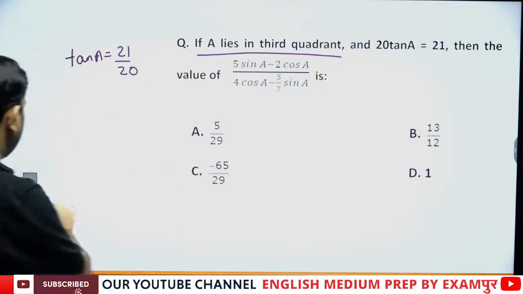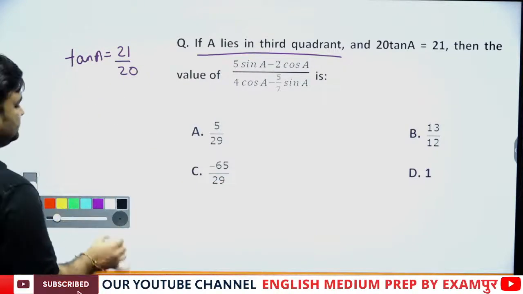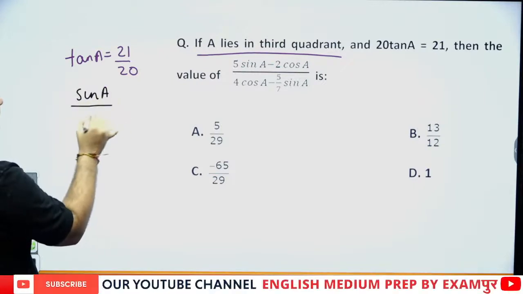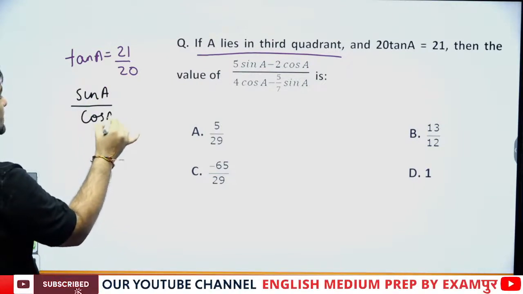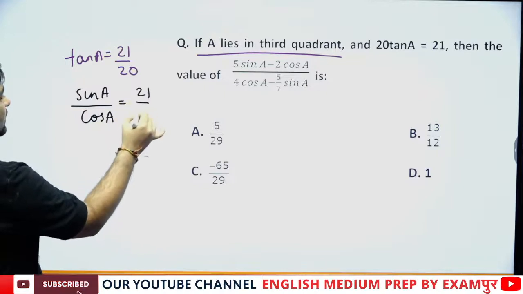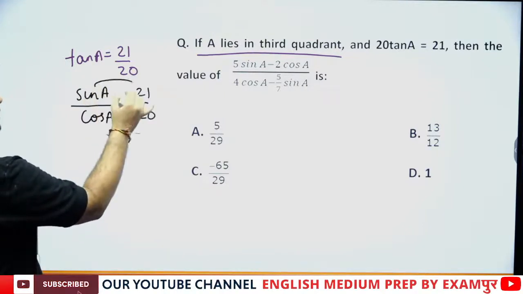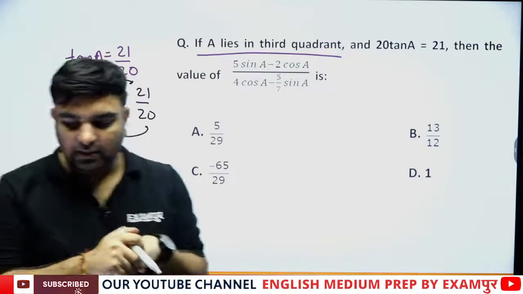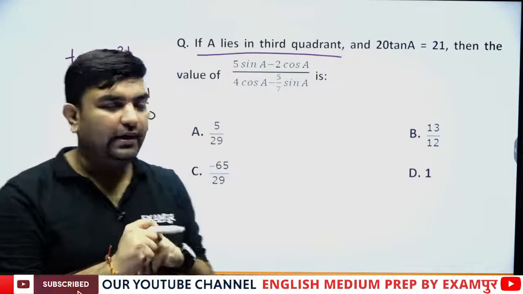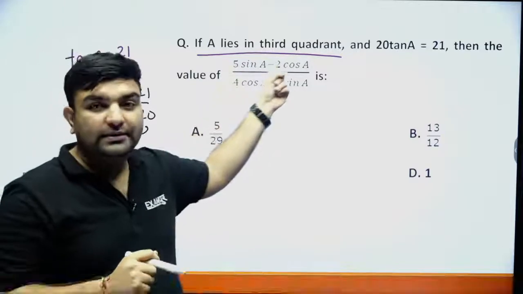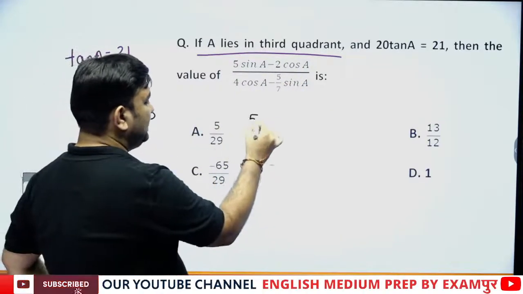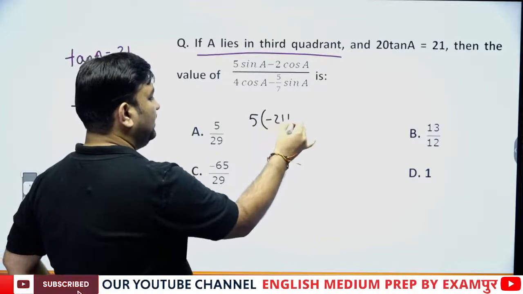So if you use sine and cos in the ratio, these are very critical points of what we are doing as of now. Sine A is 21K, but in the third quadrant, sine is negative, so minus 21K.